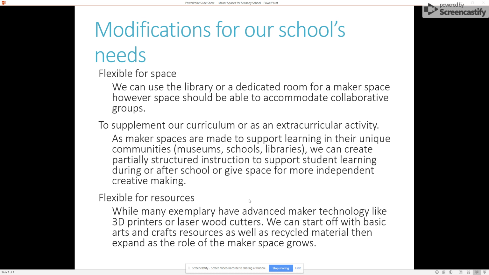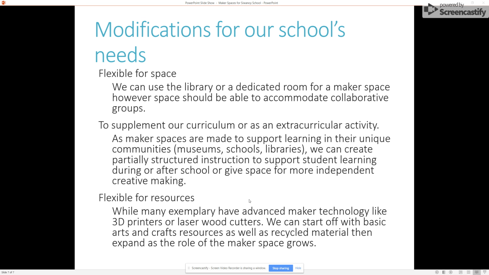And can we put in certain things? We want to make sure that this is integrated into our curriculum, and potentially this is an opportunity and a space for students to come in and say, all right, we learned about this within our third grade classroom, but I would really like to try to make this.